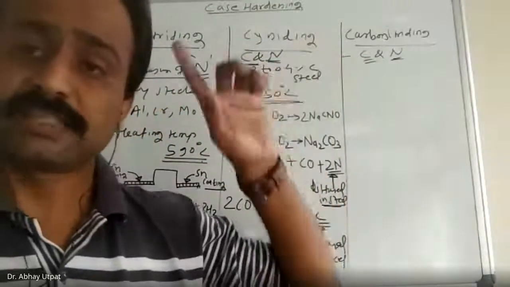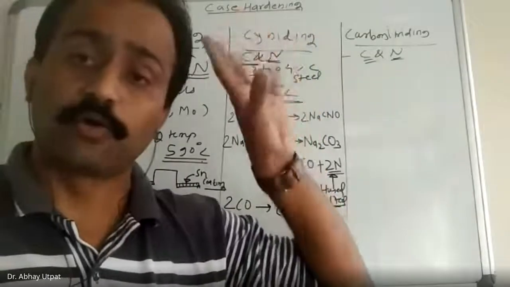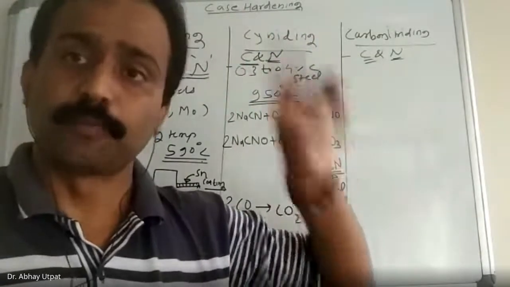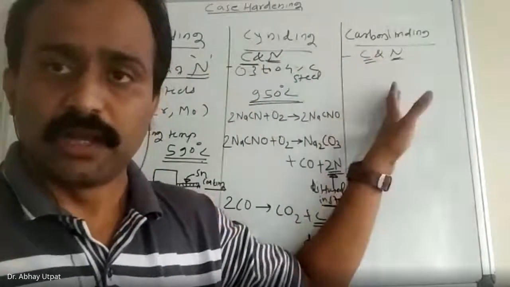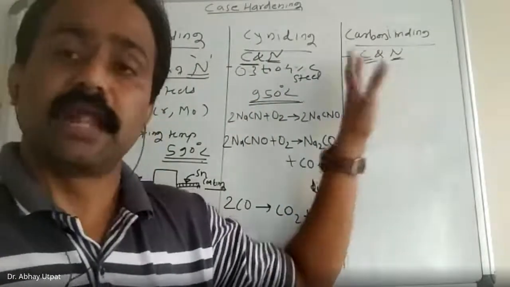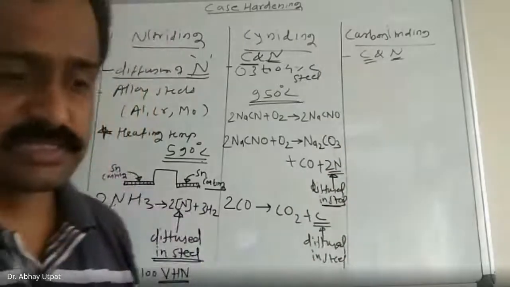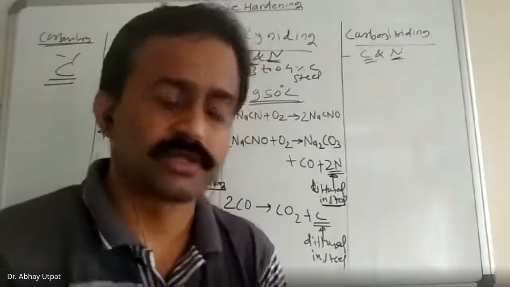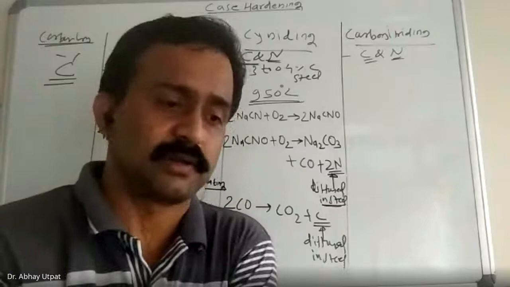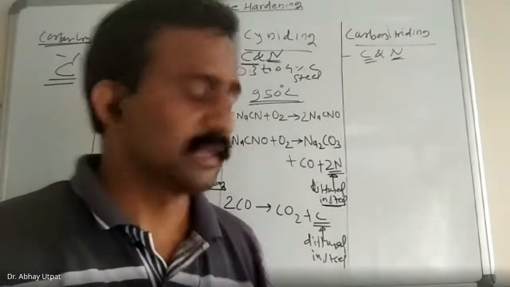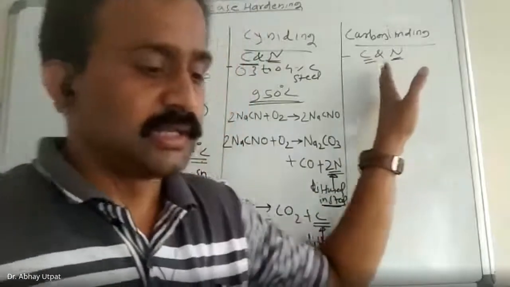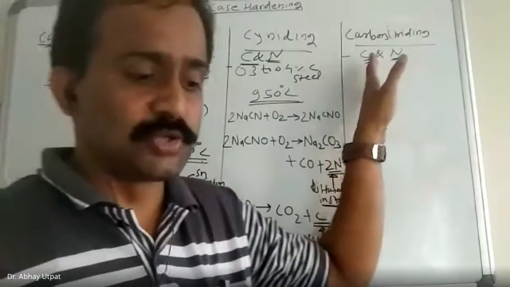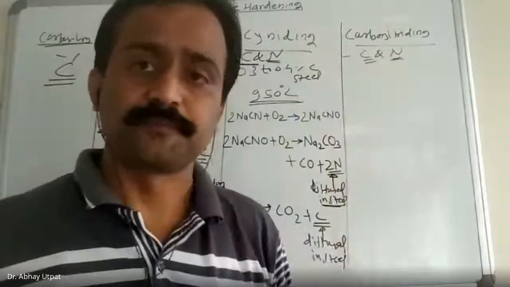Similarly, in gas carbonizing, we were diffusing hydrocarbons, methane, propane. Here we are going to diffuse ammonia, then methane and natural gas. Which are natural gases? Carbon monoxide, carbon dioxide, nitrogen. Then ammonia is also diffused, methane is also diffused.